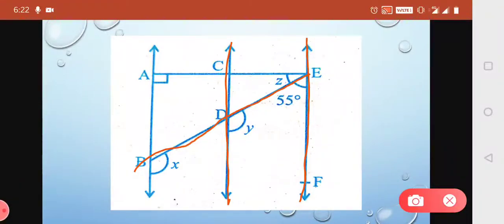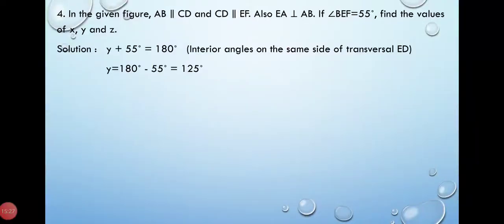Now, when CD is parallel to EF, we get BD as transversal, so we get angle Y plus 55 degree equal to 180 degree, because they are a pair of interior angles on the same side of transversal. So we write Y plus 55 degree equal to 180 degree. Solving further, we get Y equal to 180 degree minus 55 degree equal to 125 degree.